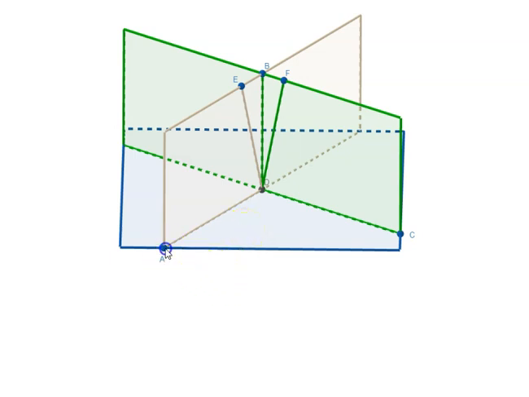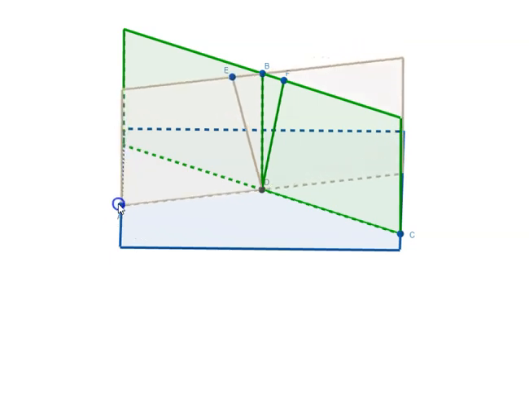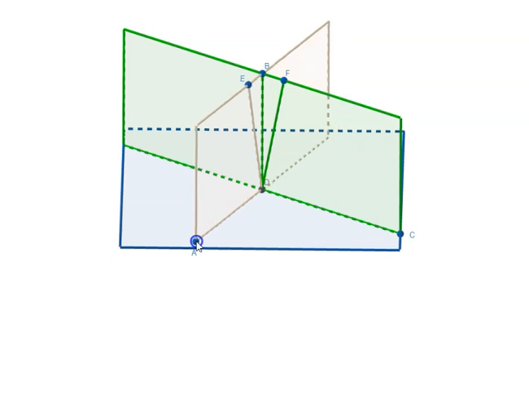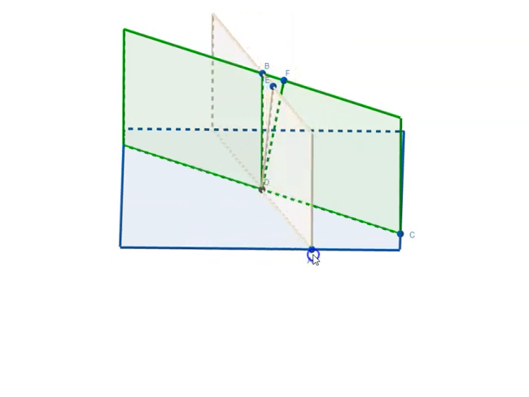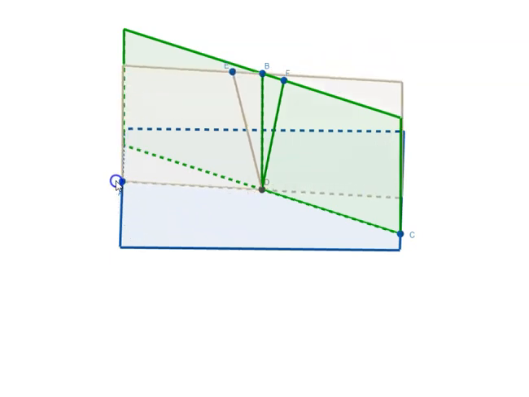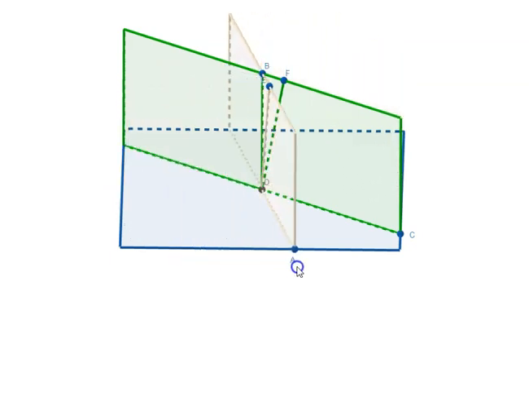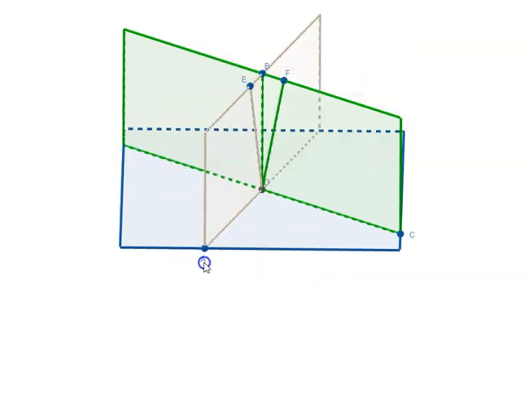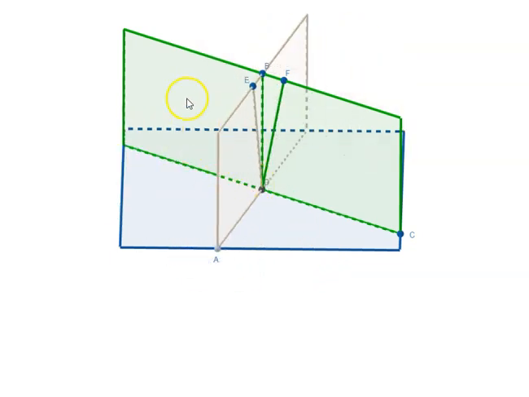And just to give you an animated view, it doesn't matter what the angle between these two planes, planes AB and BC, is. Their line of intersection will always be at right angles to the plane of reference, if these two planes are also perpendicular to the plane of reference.